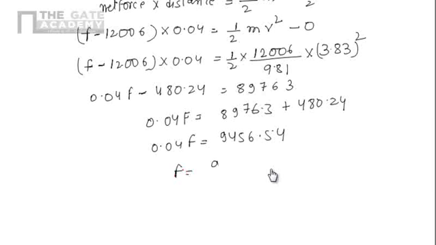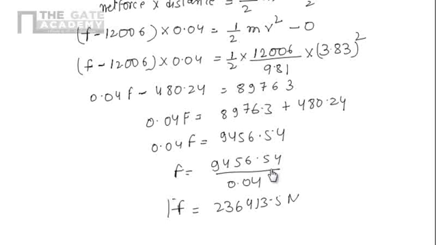So F will be 9456.54 divided by 0.04. So the ground resistance force is 236413.5 newtons. So this is the correct answer, 236413.5.